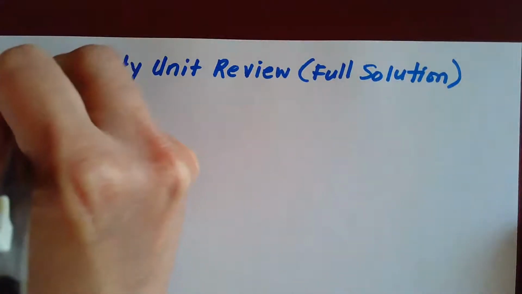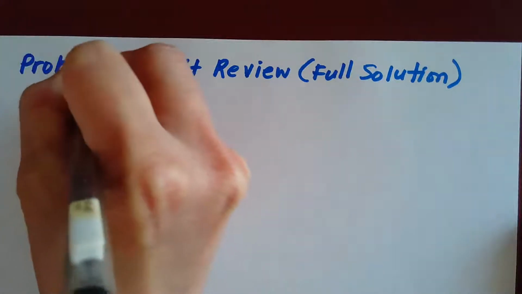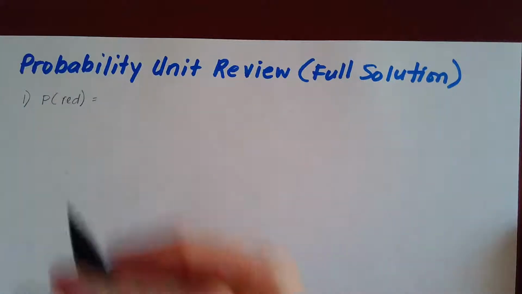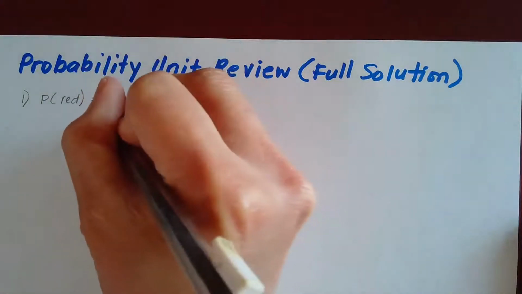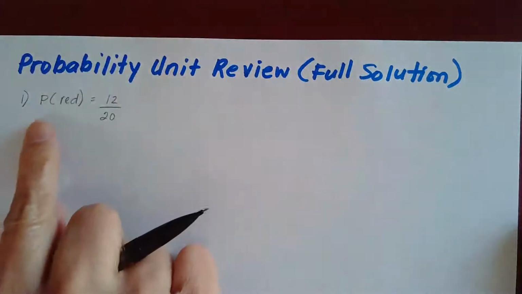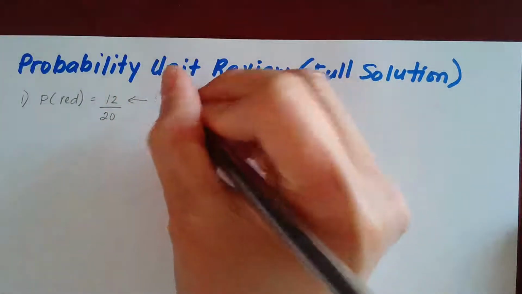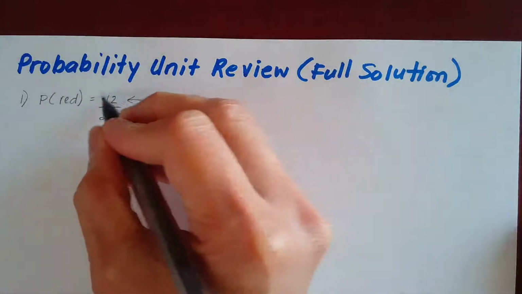So number one, the probability that it's going to be red. Well, we know that there are 12 reds in the jar, so it's going to be 12 out of 20. The event is having the red, and how many are reds?